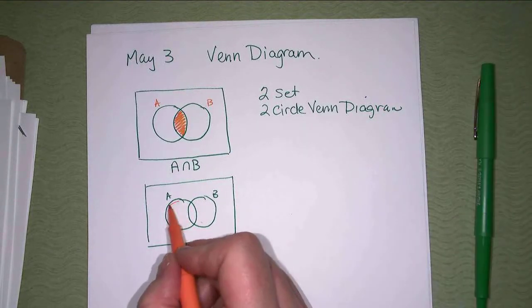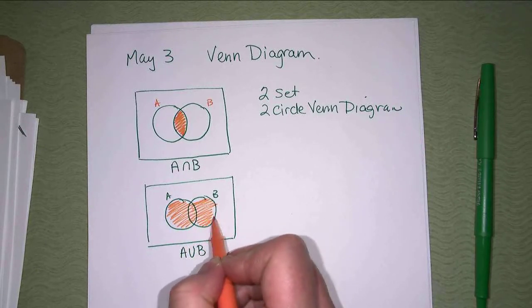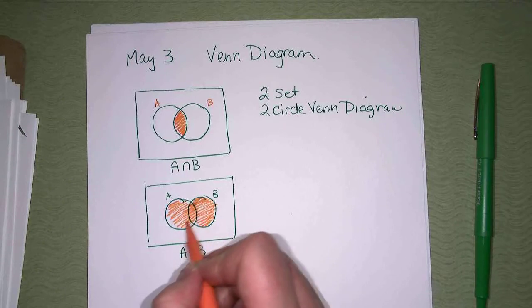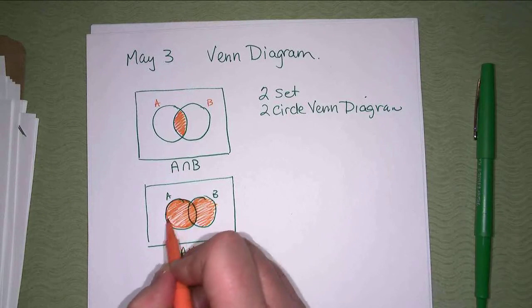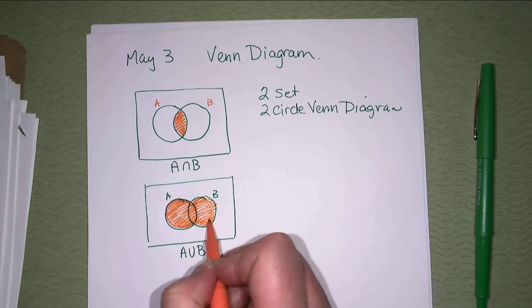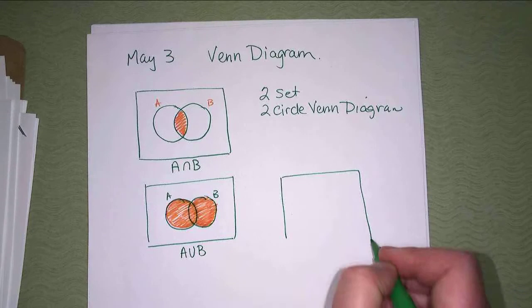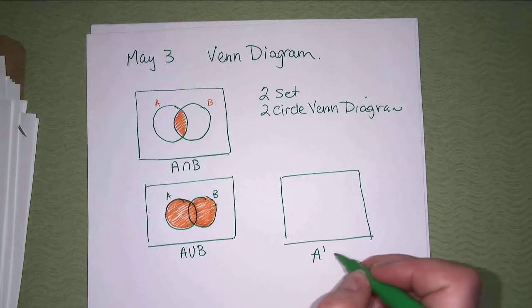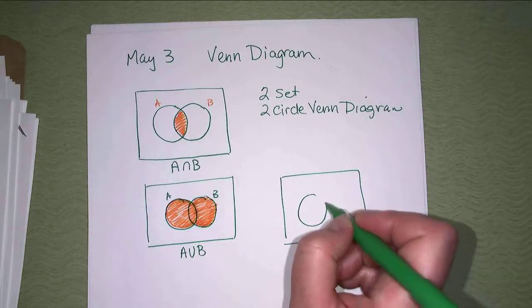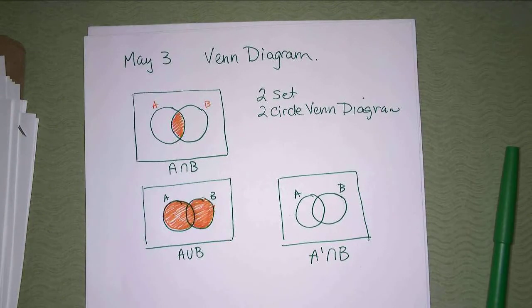So A union B is all of A and all of B and both. Okay, so those are two: A intersection B, A union B.